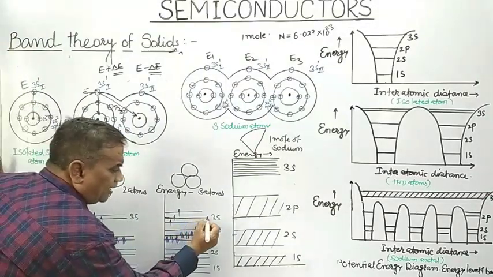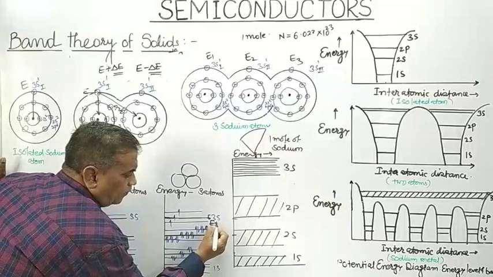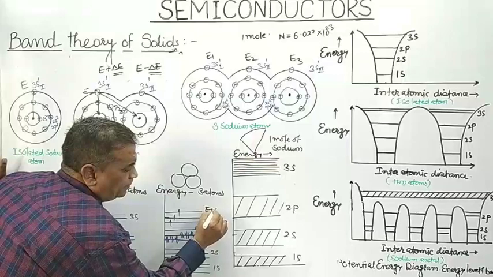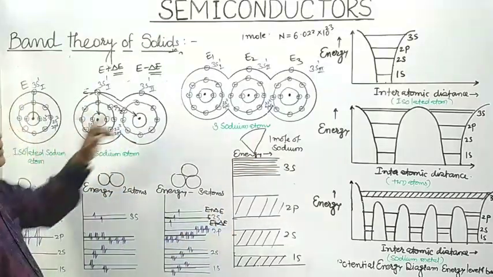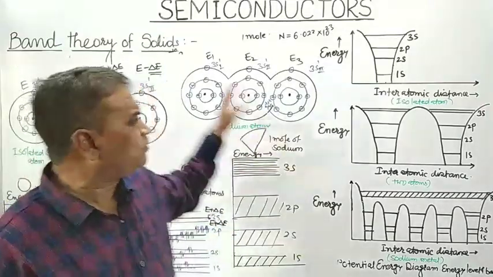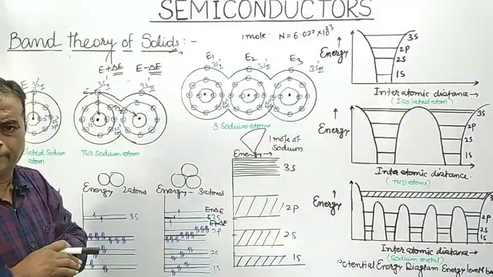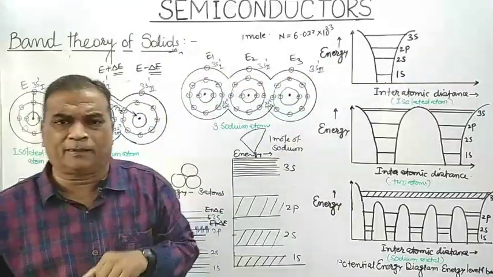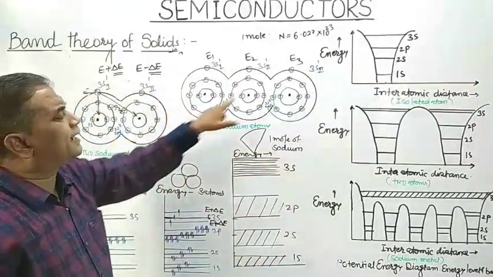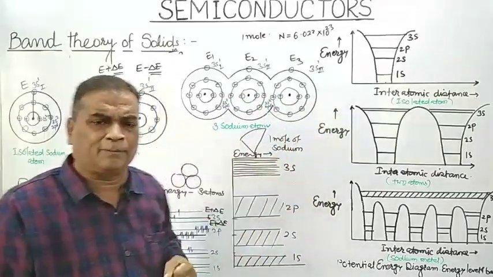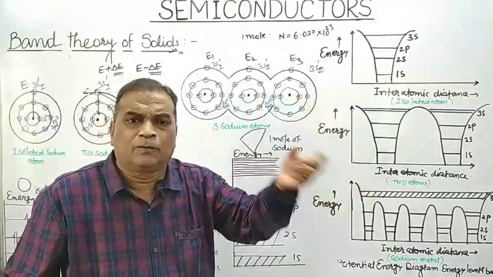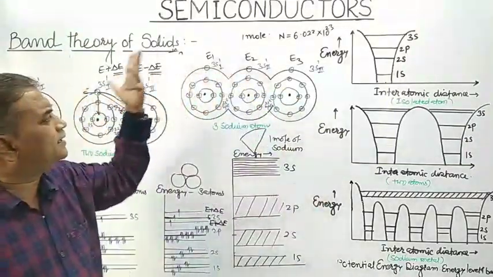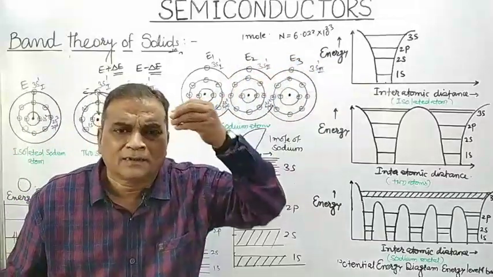The original energy level may be E, one of the energy levels may be E minus delta E, or it may be E plus delta E. Means when three atoms of sodium are brought close to each other, the electrons in their outermost orbit, that is the 3s orbit, will have a strong interaction with the core of the neighboring atom. Means they will have a strong interaction with the nucleus of the neighboring atom, and due to that their potential energy will change slightly.